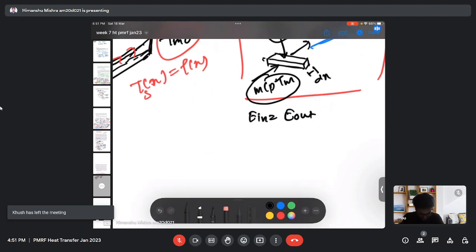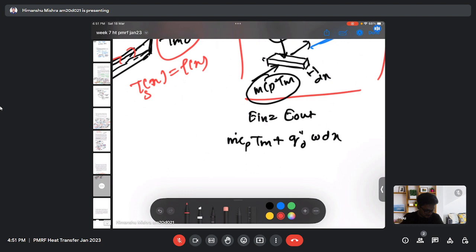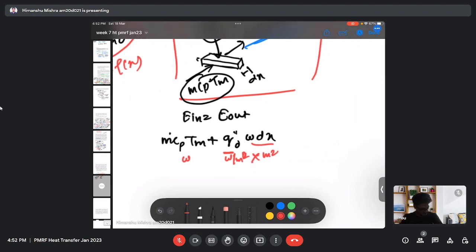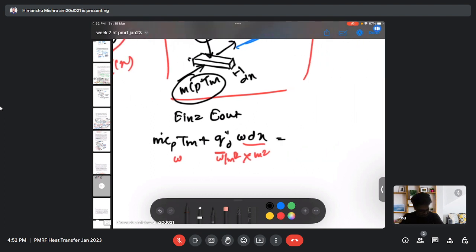So my incoming energy will be this. This is my heat flux, so this is in watt per meter square multiplied by meter square. This is my meter square.